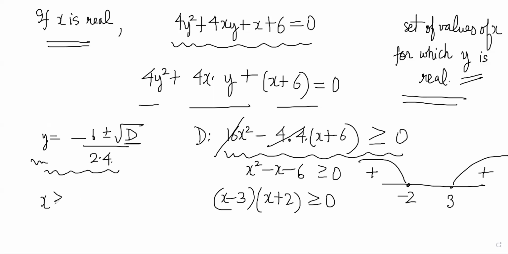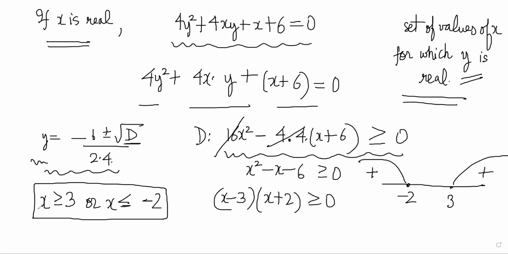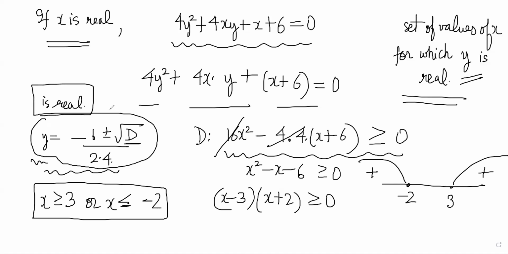You can say x should be greater than or equal to 3 or x can be less than or equal to minus 2. In those cases, the discriminant is positive, and if the discriminant is positive, y is real. Do you understand what we are doing? Understood.